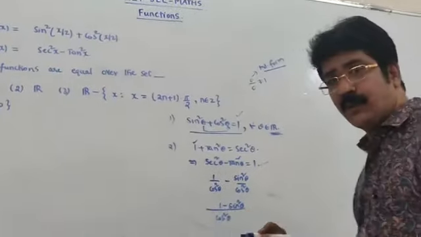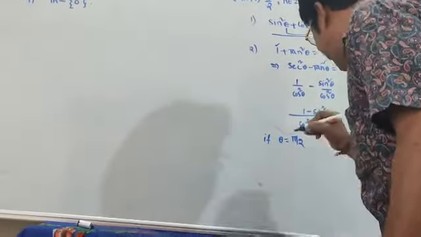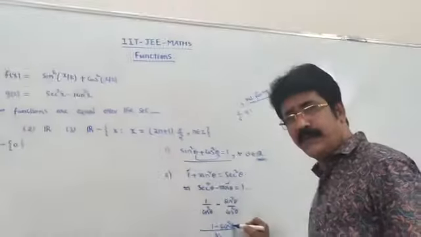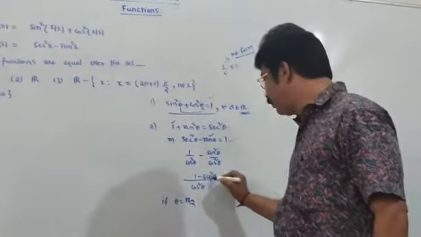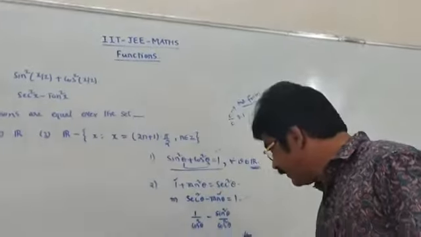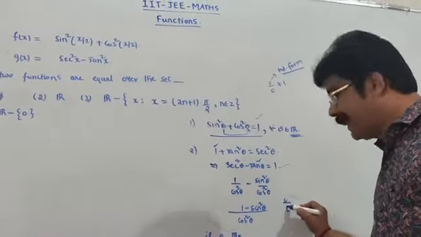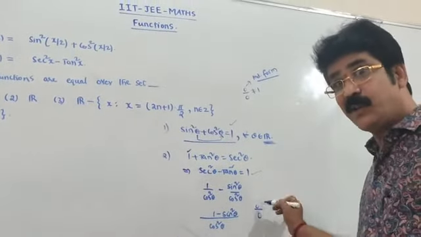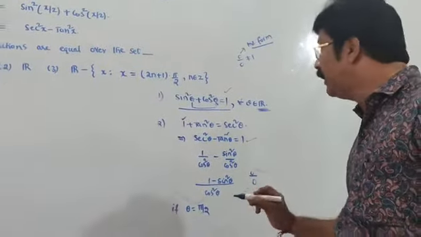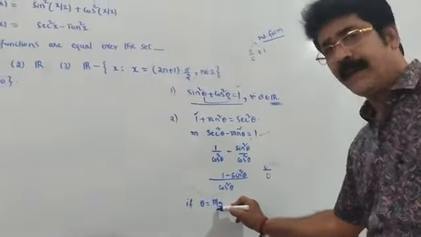If theta is equal to 90 degrees, then sin 90 is equal to 1, 1 square is 1, 1 minus 1 is 0, divided by cos 90, which is 0, and 0 square is 0. Can we write, on cancelling 0 by 0, that it equals 1? No, it is wrong. Therefore this statement is not true for odd multiples of 90 degrees.